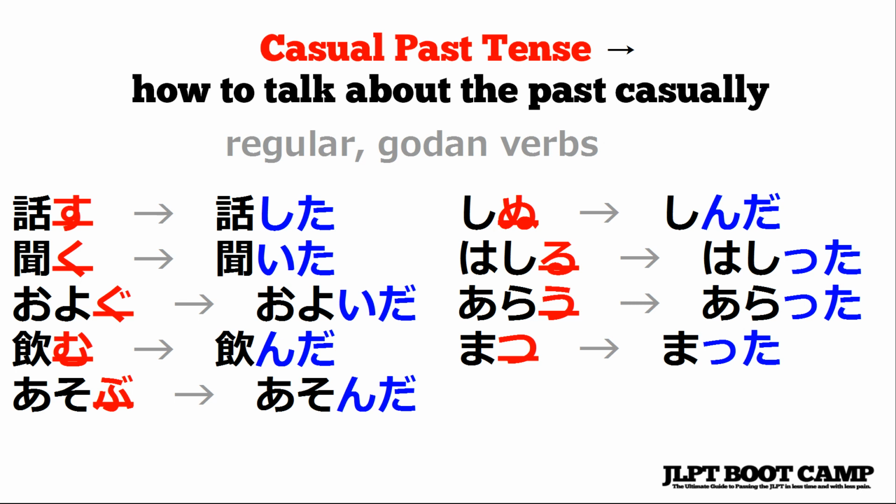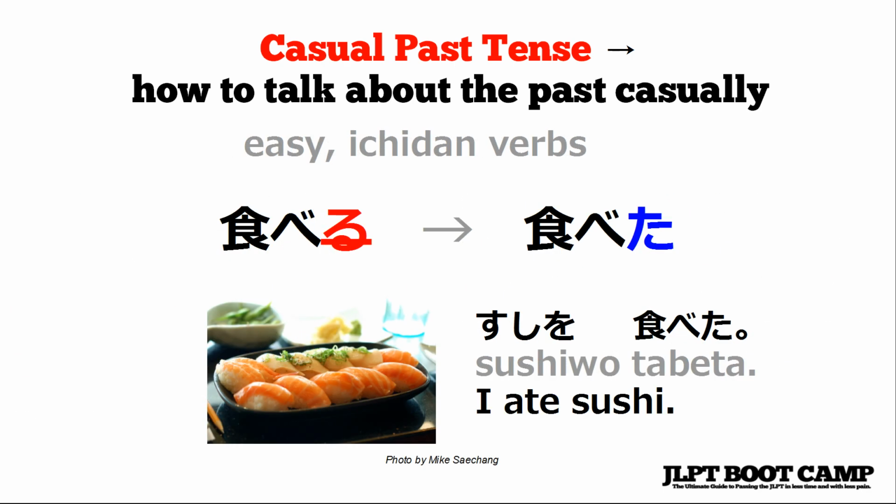Now, of course, for ichidan verbs, these are what I like to call easy verbs because all you have to do usually is just chop off the ru and add whatever ending you need. In this case, a really popular ichidan verb to use is taberu. Taberu becomes tabeta. So for example, this sentence, sushi o tabeta. I ate sushi. Very easy to make ichidan verbs.